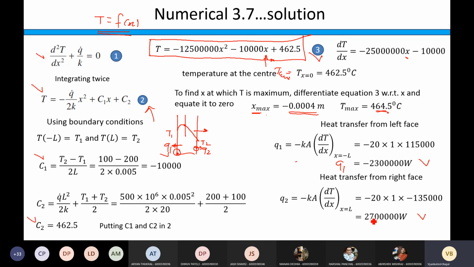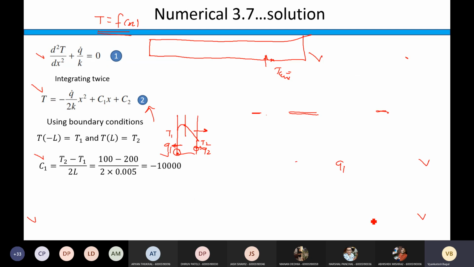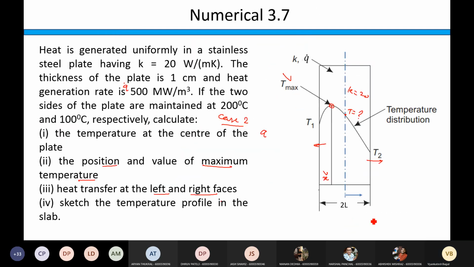Now what is the heat generation rate in this case? They have mentioned. So this is 500 megawatt per meter cube, right? Correct?